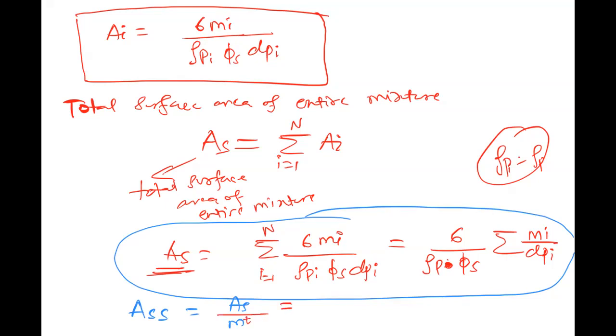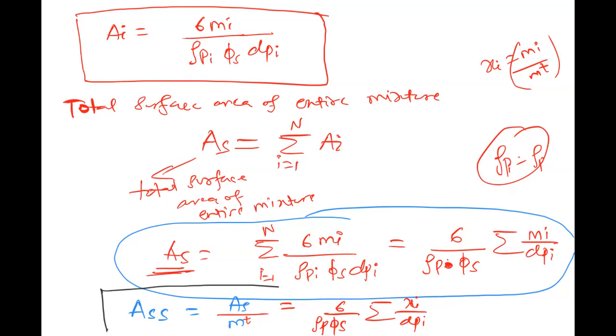This can be written as 6 by rho_p phi_s summation x_i by d_pi. If you divide m_i by total mass, here x_i equal to m_i by M_T, the mass of sample i divided by the total mass of the entire mixture. So you can replace m_i by M_T with x_i. Is it clear? This is the thing we want to derive.